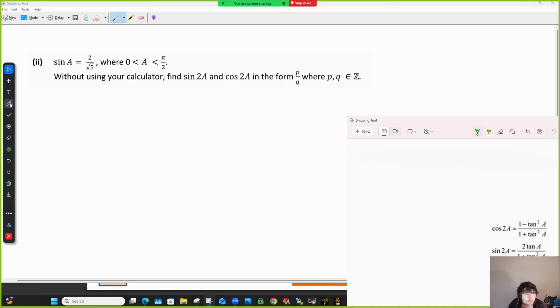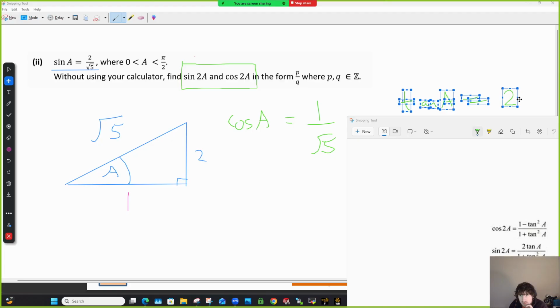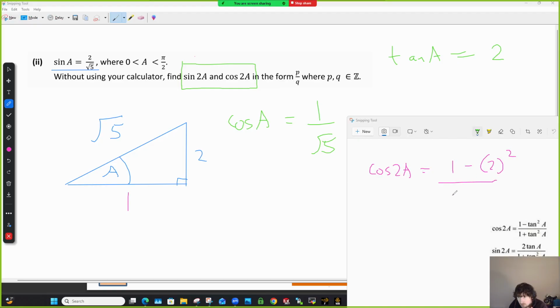Okay, cool. So we'll do cos 2A first, just tidying things up. So tan A is 2, that's the big one here, right? So cos 2A will be equal to 1 minus 2 squared over 1 plus 2 squared, like that.